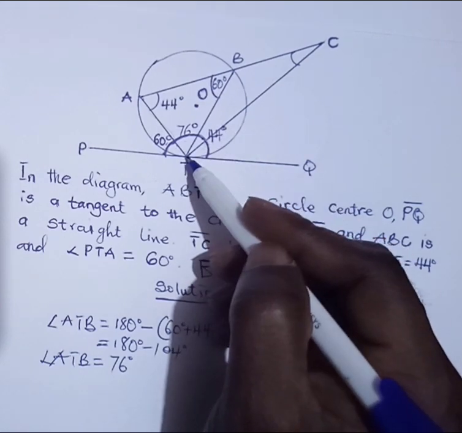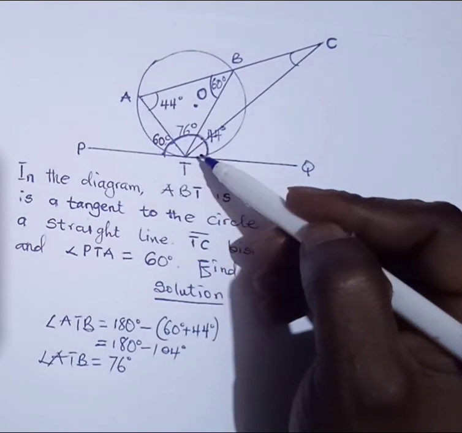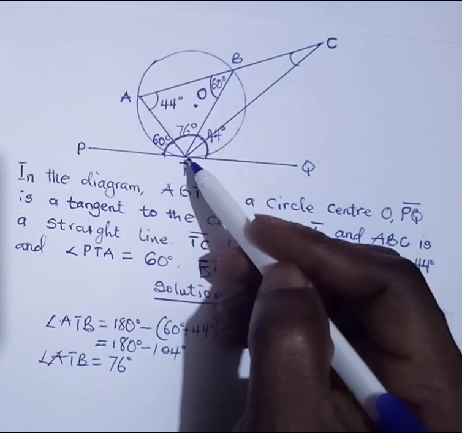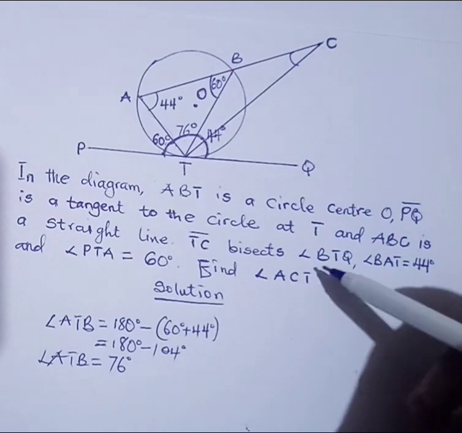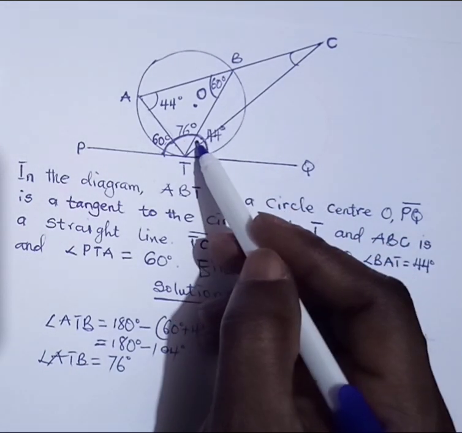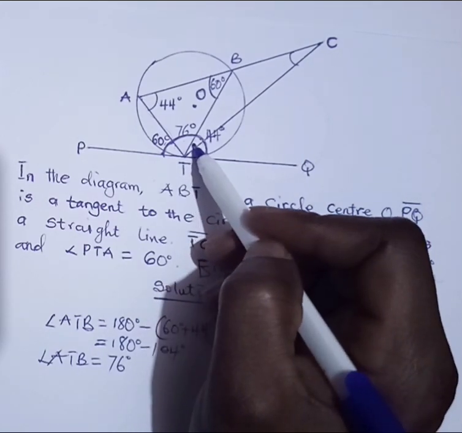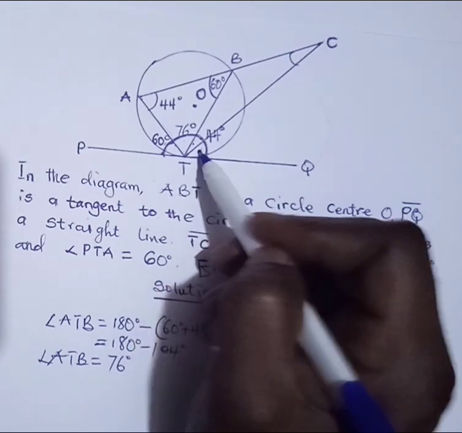So once we are saying that TC bisected, it means it divides the angle into two equal parts. Have you gotten that? So if TC divides angle BTQ, then we can say that this part here is 22 degrees, and this part is also 22 degrees.